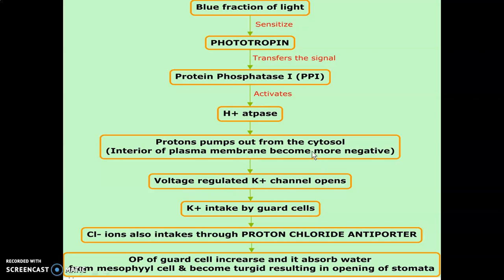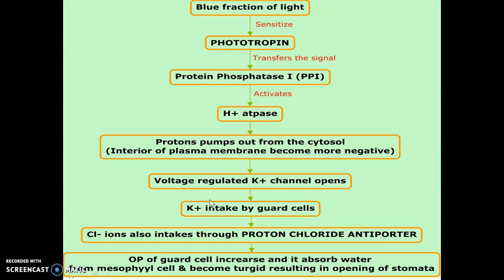and due to this imbalance in the charge, voltage regulated K plus channels open to equilibrate this charge. Due to opening of these voltage regulated K plus channels, potassium ions are taken in by the guard cell, and along with the potassium ion, chloride ion is also taken in through the proton chloride antiporter to equilibrate this charge.